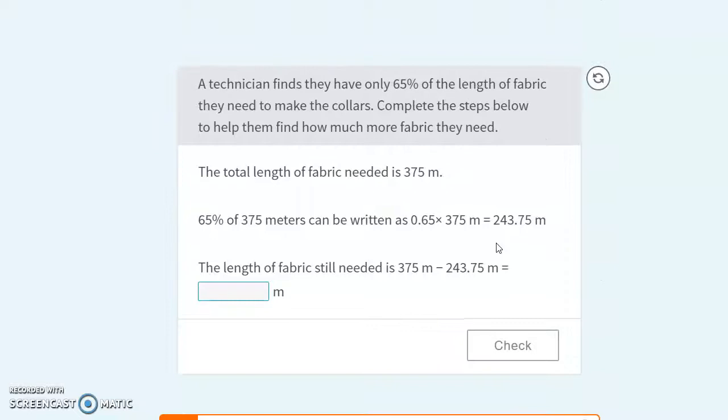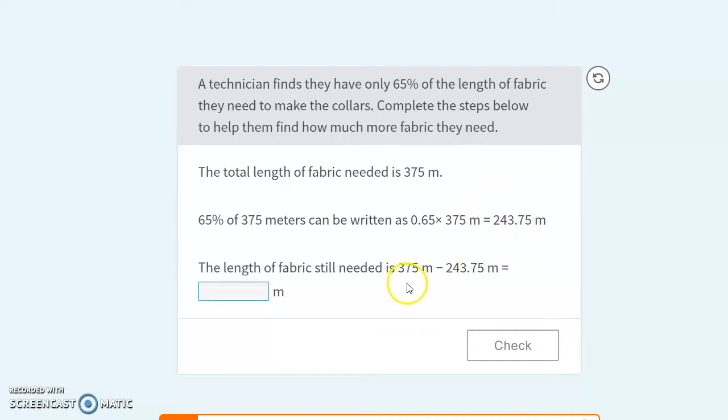A technician finds they only have 65% of what they need. So they're walking you through the math, right? There's 375, but if you only have 65%, you change that percent to a decimal. So see how they have 0.65 times 375. So you know that you have this, right? This is how much material they've got, but that's only 65%.